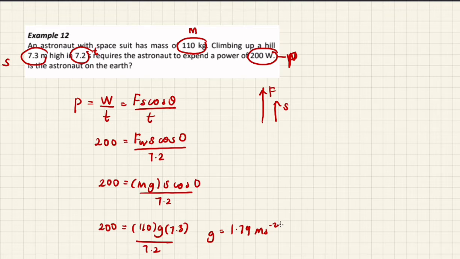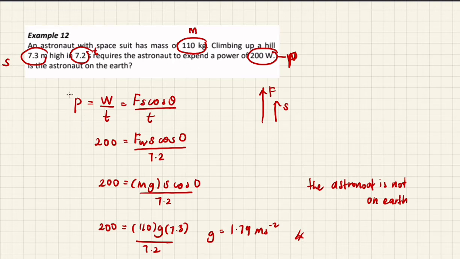This is not the gravitational acceleration for Earth. So is the astronaut on Earth? We say the astronaut is not on Earth. So this is how kita jawab soalan. Dia pusing sikit je, sama je dengan soalan atas, cuma soalan atas kita cari power.